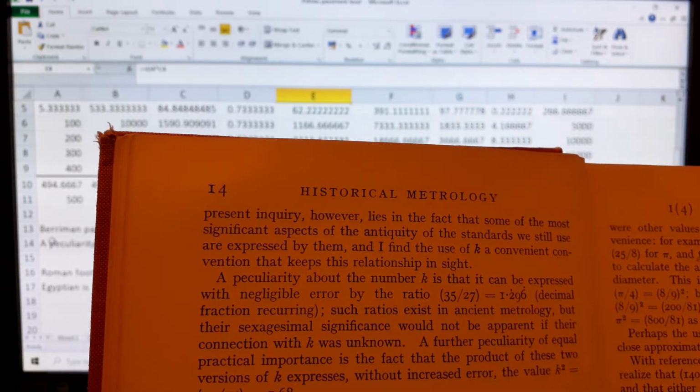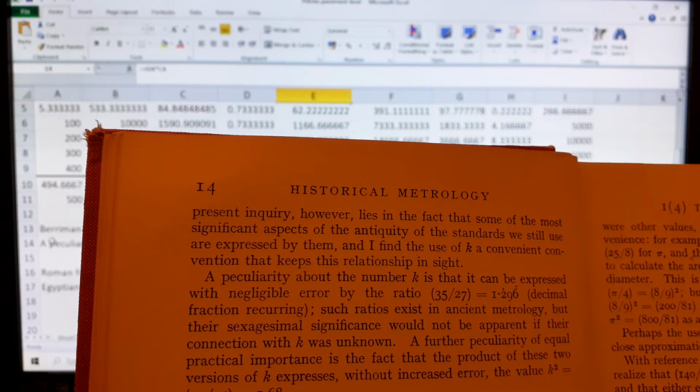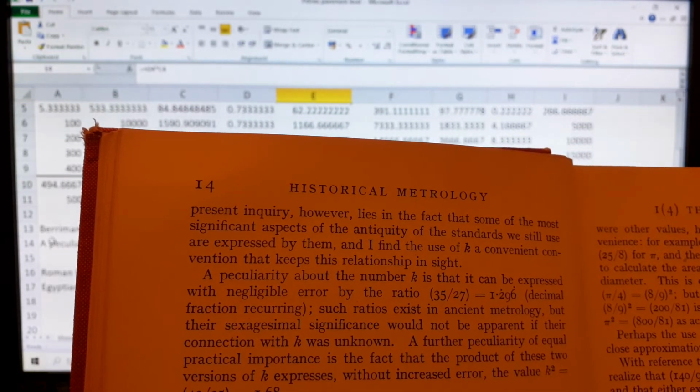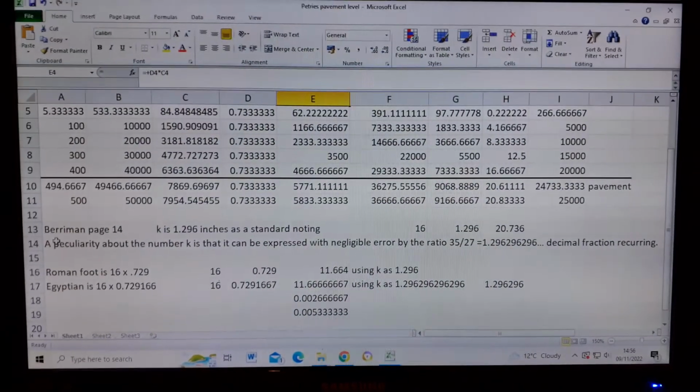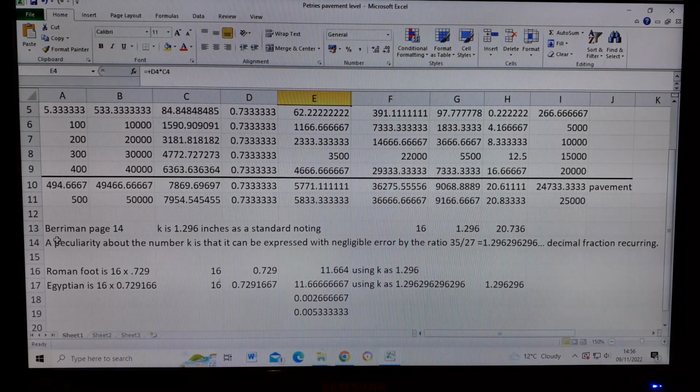Such ratios exist in ancient metrology, but their sexagesimal significance would not be apparent if their connection with k was unknown. So he's rating this unit k, and then he's extending it by making it 35/27. And 5 times 7 is 35, and 3 times 9 is 27. There's a lot of metrology just in that fraction.